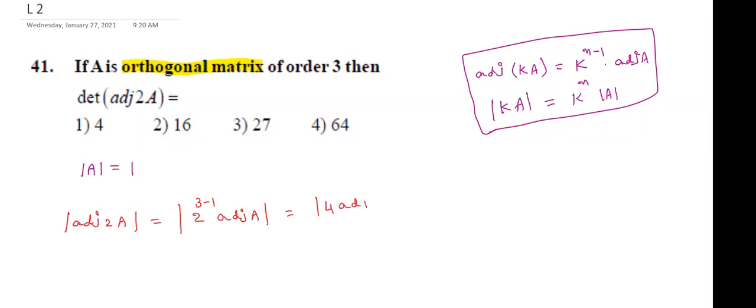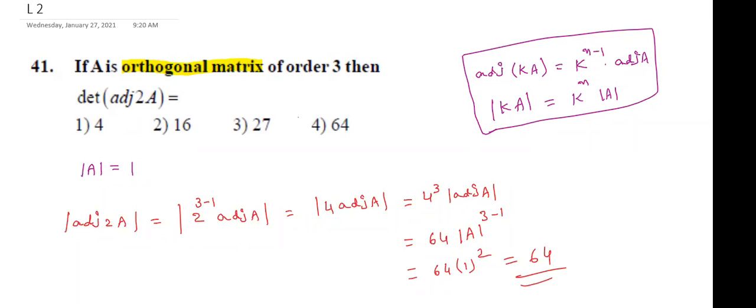Det of 4 into adjoint A, we can write as 4 cube into det of adjoint A. What is the det of adjoint A formula? Students, (det A) whole power n minus 1. That is 64 into (det A value is 1, already we know that) whole square, that is equal to 64 only. Which option is correct? Fourth option.